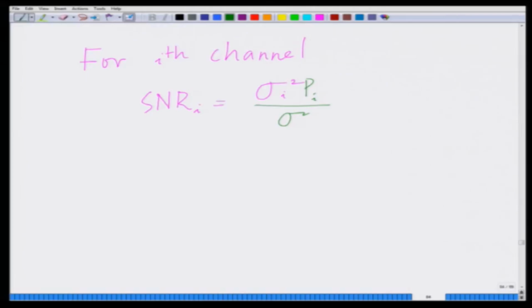So the SNR of the ith channel, that is, we have T parallel channels between the transmitter and the receiver, which we are denoting by SNR i, is given as sigma i square, where sigma i is the gain of the ith channel, times Pi divided by sigma square, where Pi is the transmit power of the ith channel.